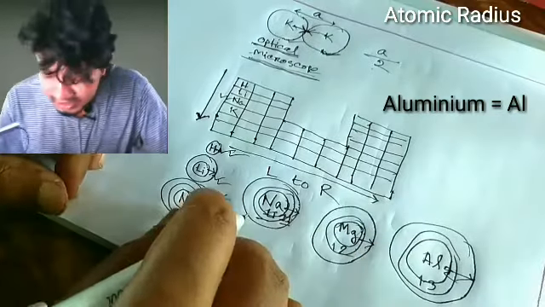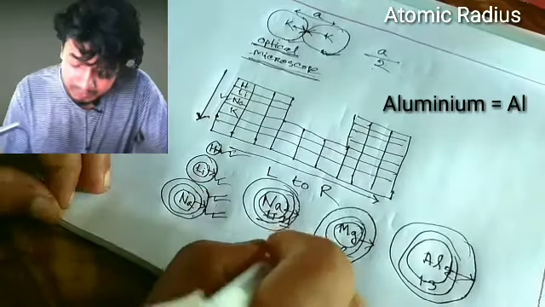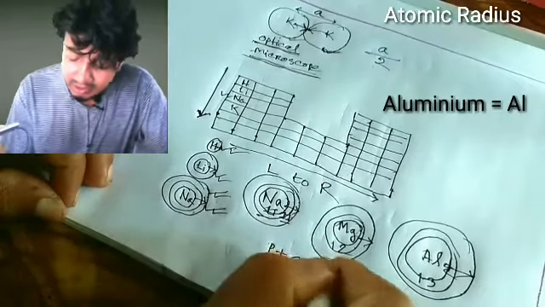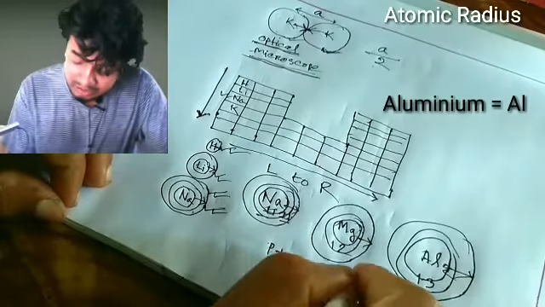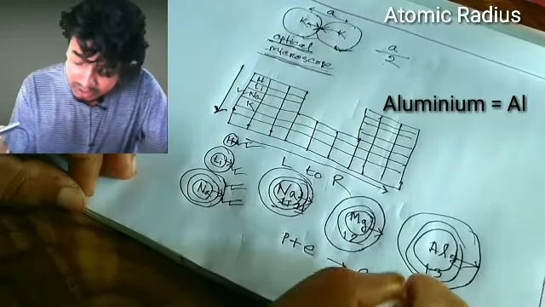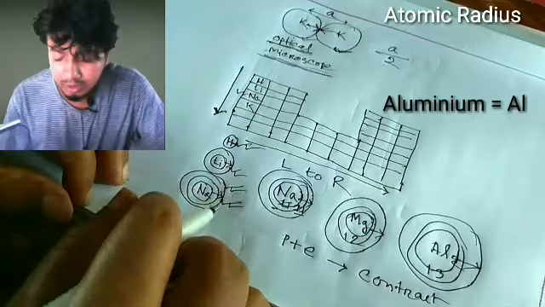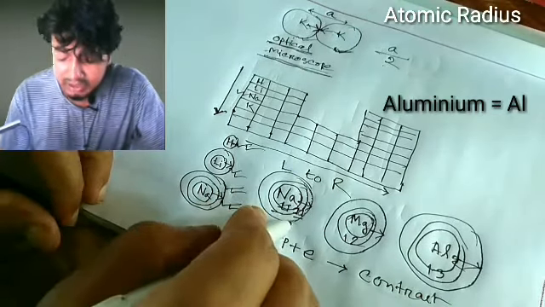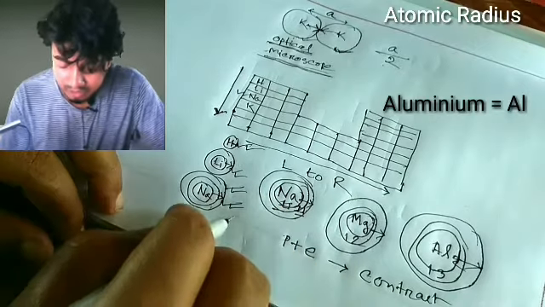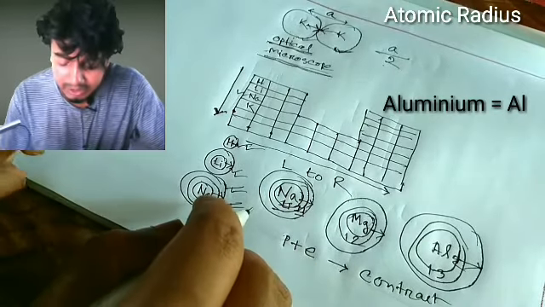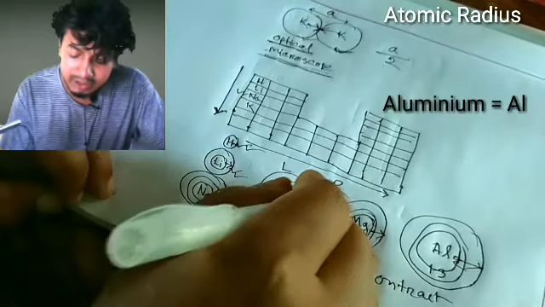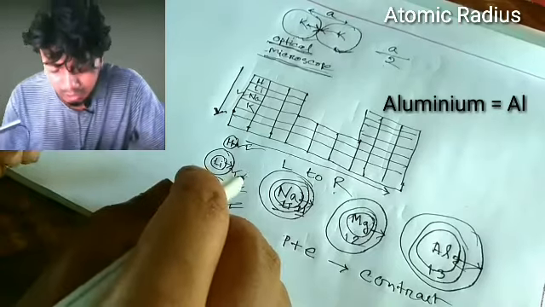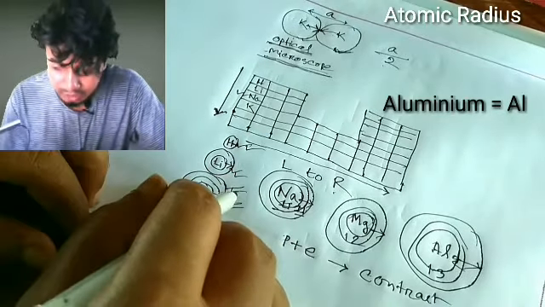So what is increasing is protons and electrons. When protons and electrons increase, their bonding energy also increases, so they contract each other. That's why the increasing number of protons and electrons makes the atom smaller. That is the reason why, going from left to right, you get a smaller atom. I hope you get the role of atomic radius in the periodic table.